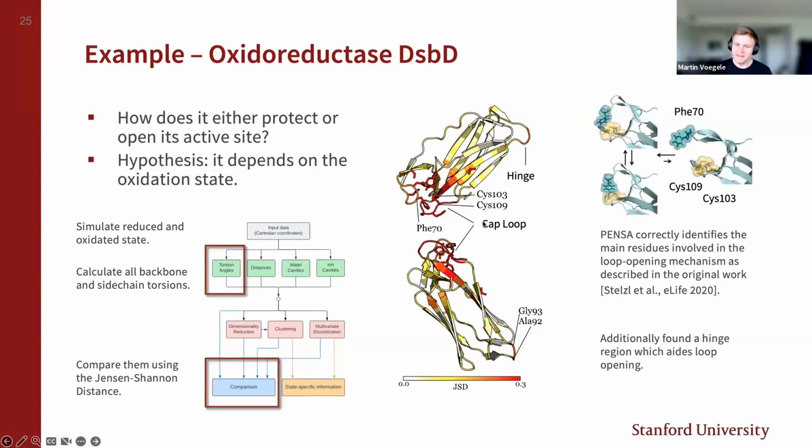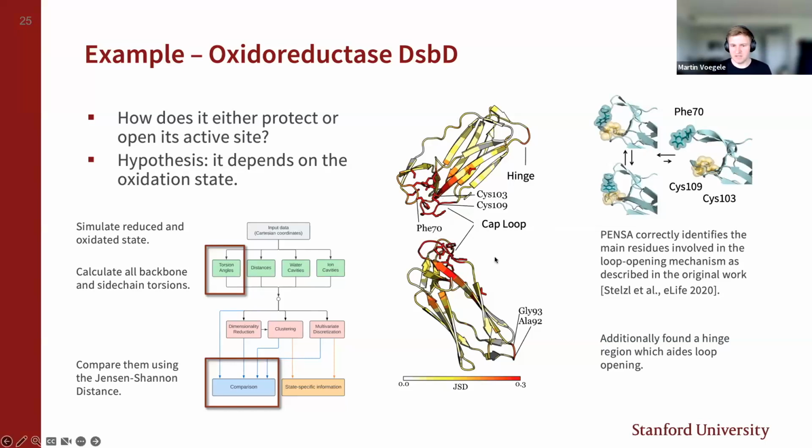So what we find with PENSA is this color distribution. For each backbone angle and for each side chain angle, we calculate the Jensen-Shannon distance between the oxidized and the reduced state.